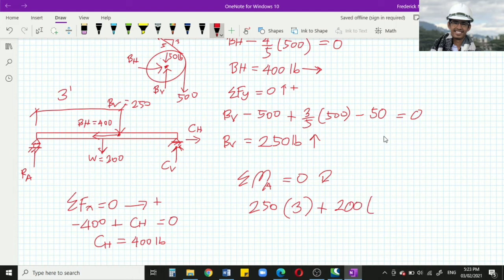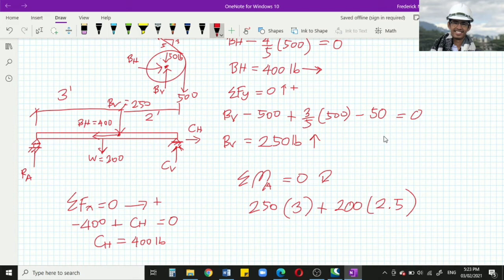So yung overall length ng ating beam is 5 feet. So this is 2 feet. So yung midspan niya will be 2.5. So that will be 2.5. Okay? Minus, so yung CV natin is upward. I-assume natin na upward.